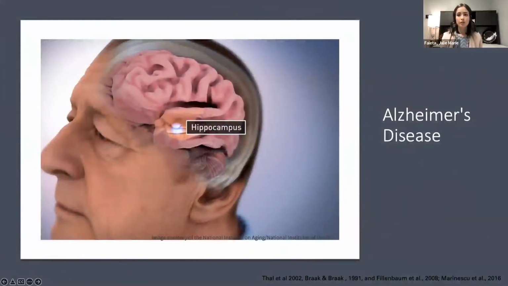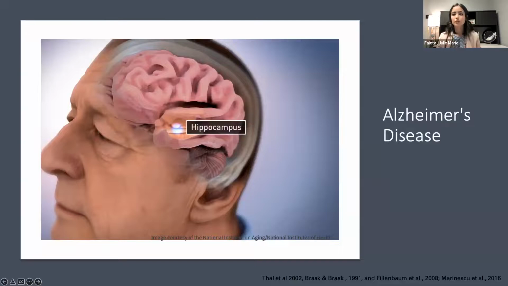Just to be sure that everyone has the same base level understanding of Alzheimer's disease, since this was my target population. Alzheimer's disease is a neurodegenerative condition characterized in two ways, both clinically and pathologically. Three diagnostic criteria are used to characterize the pathological presentation of Alzheimer's disease: amyloid beta plaques, neurofibrillary tangles, and neuritic plaques.